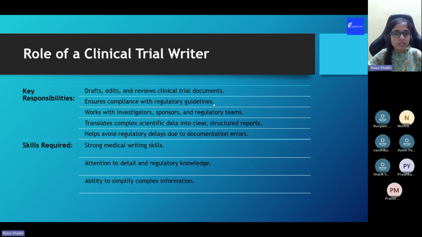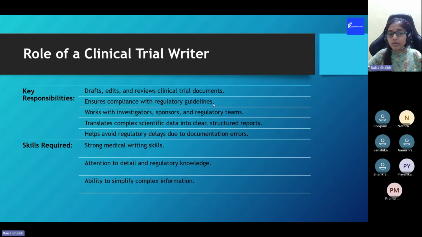After one person writes, a lot of people have to review, which includes the co-writer, co-author of the CSR. Another responsibility is to ensure compliance with regulatory guidelines, work with principal investigators, doctors in the study, sponsors, and regulatory teams. Then translate complex scientific data into clear structured reports.